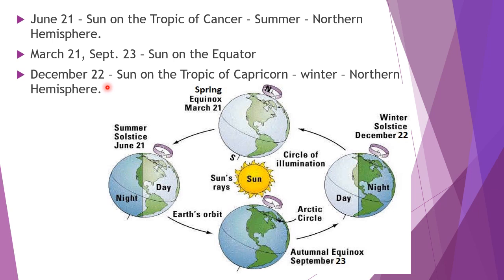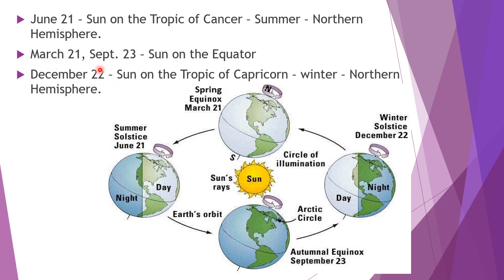The same way, June 21st is the longest day and shortest night for us, and for the southern hemisphere the longest night and shortest day, winter. In the same way, December 22nd in the northern hemisphere is the shortest day and longest night, and the opposite for the southern hemisphere.